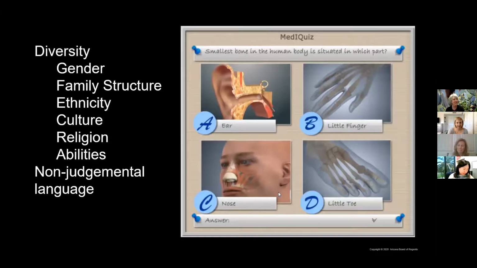Great. Let's do one more, maybe two more. This is an image from one of our anatomy simulations that we use. This one's a little trickier as we start talking about the parts of a body and the images that are shown there. I think though they fall along those same lines that you're showing in your chat.